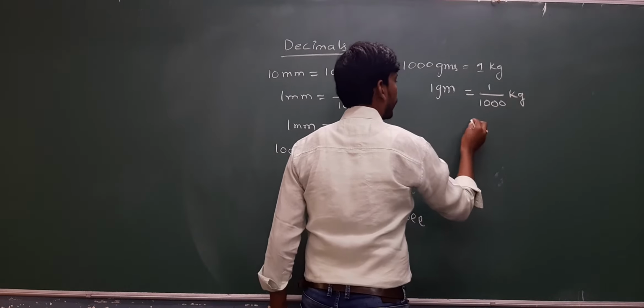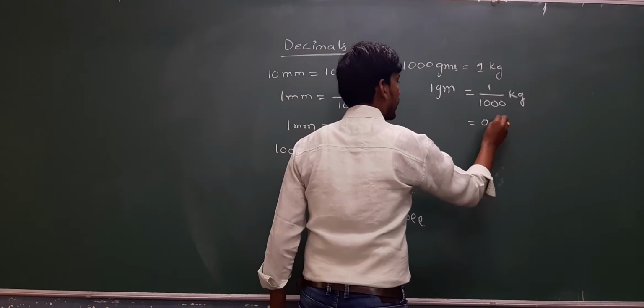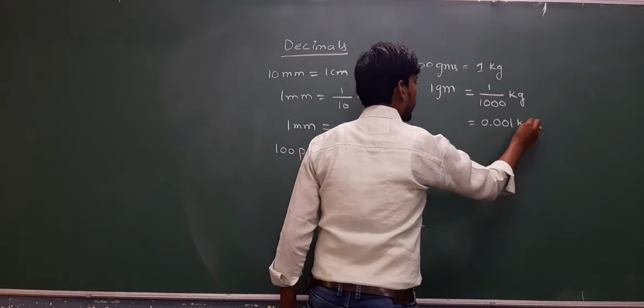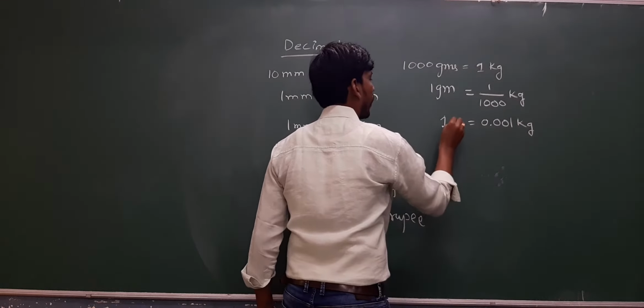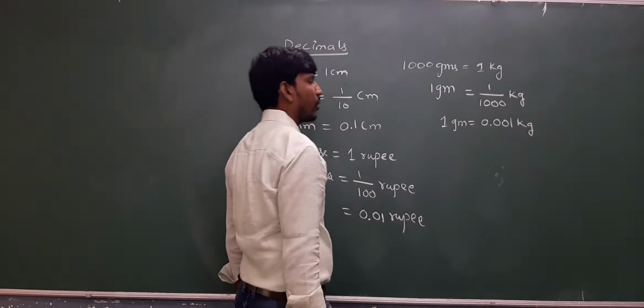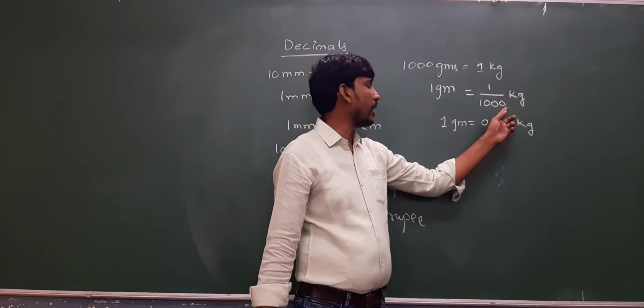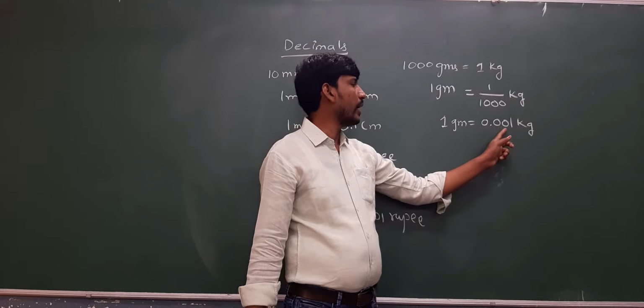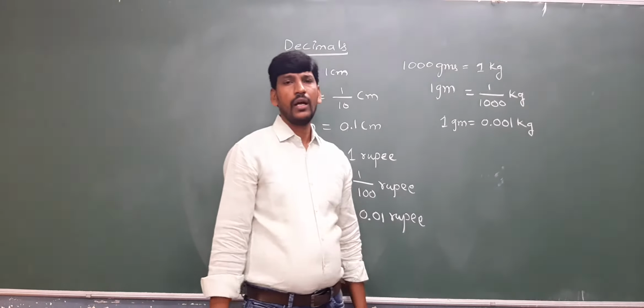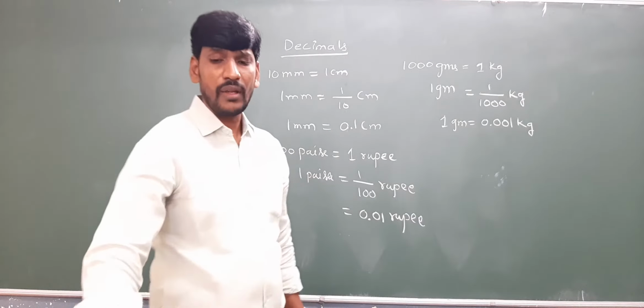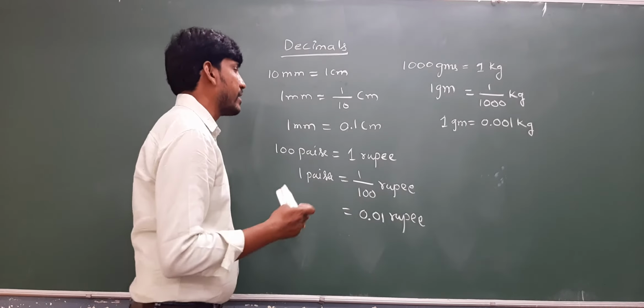That is equal to 0.001 kg. Clear here? 1 gram is equal to 0.001 kg. See this here? There are 3 zeros. After the decimal point, you will get 3 places. Clear? Now, I hope you understood what decimals are.